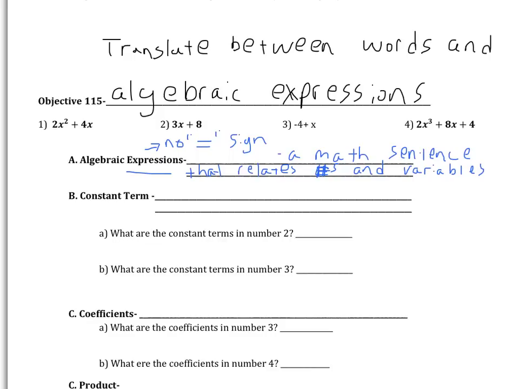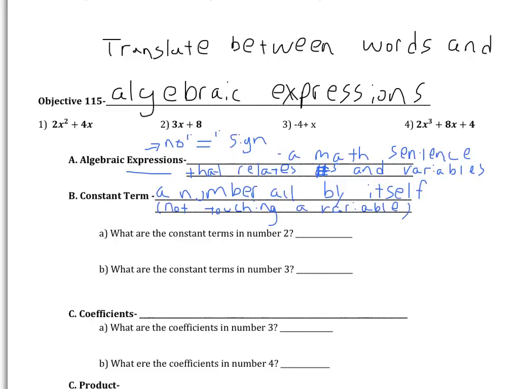So a constant term in math is simply a number all by itself, and we should also add here, not touching a variable.